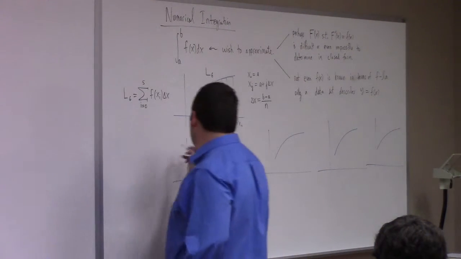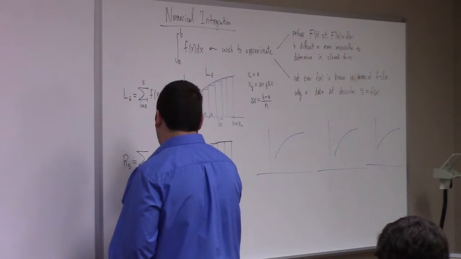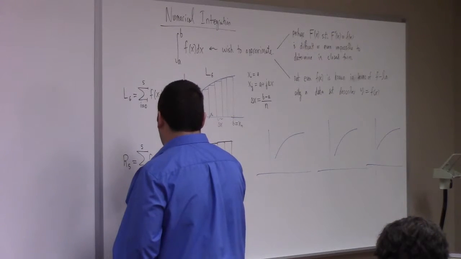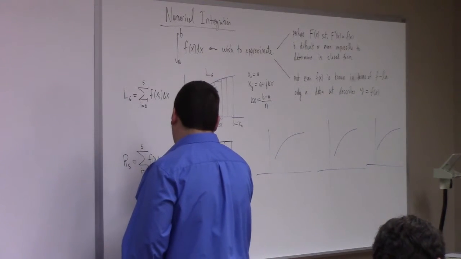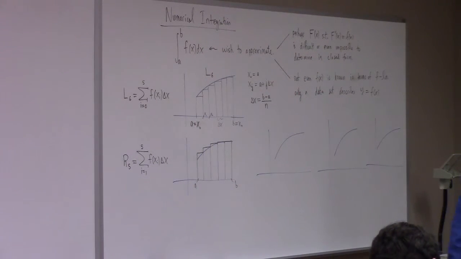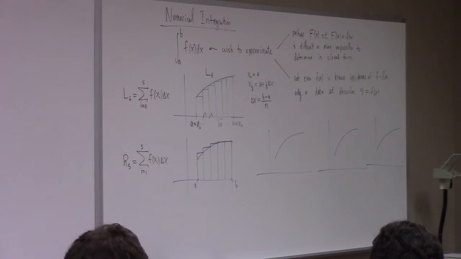This is R5, because for my picture, it's R5. That would be the sum i equals 1 to 5 of f of xi delta x. That's an overestimate for this particular function. If a function was decreasing on the integration region, the story switches over. Then the left endpoint rule is an overestimation. The right endpoint rule is an underestimation if the function was decreasing.